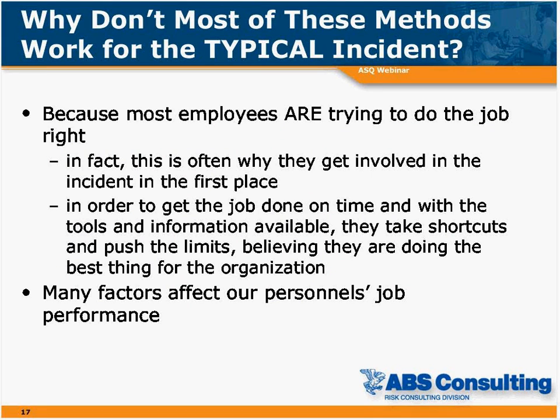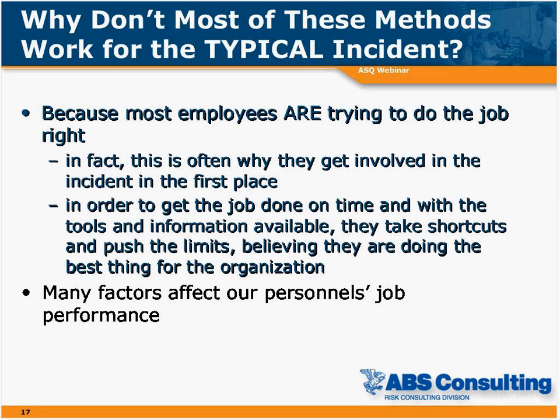So, do these methods work for a typical incident? These people are trying to do the job correctly. And this is why, in many incidents in the first place, they want to prevent things from getting worse. They want to make sure that we're making money, that we're making quality product, that our production rate is as high as it can be.